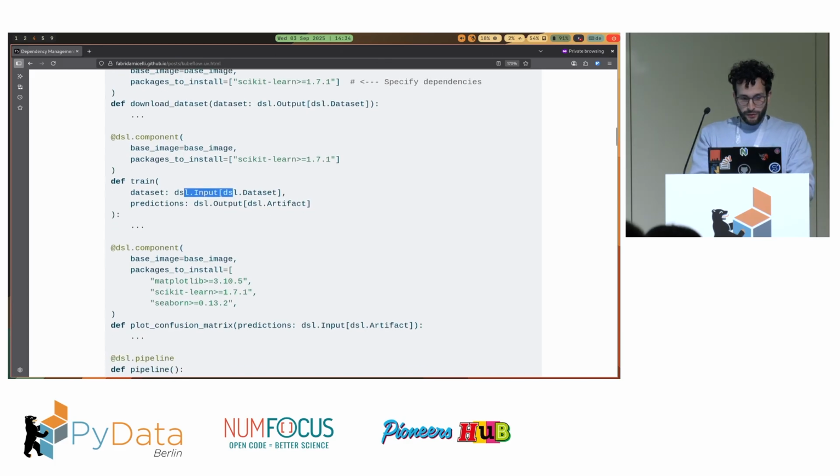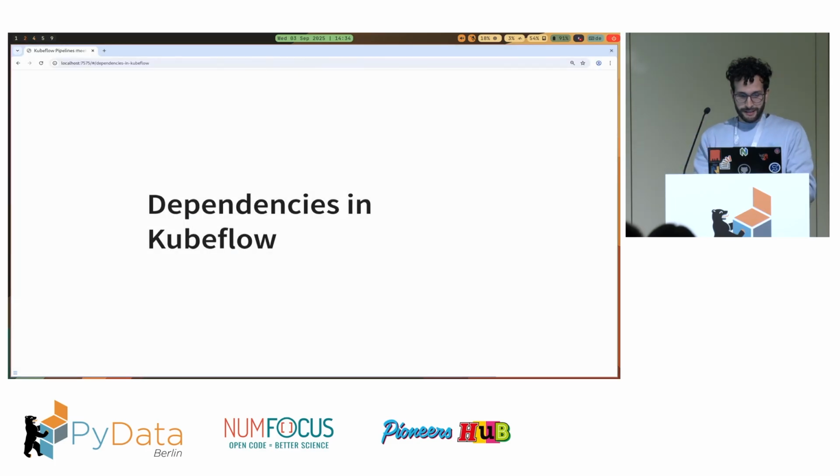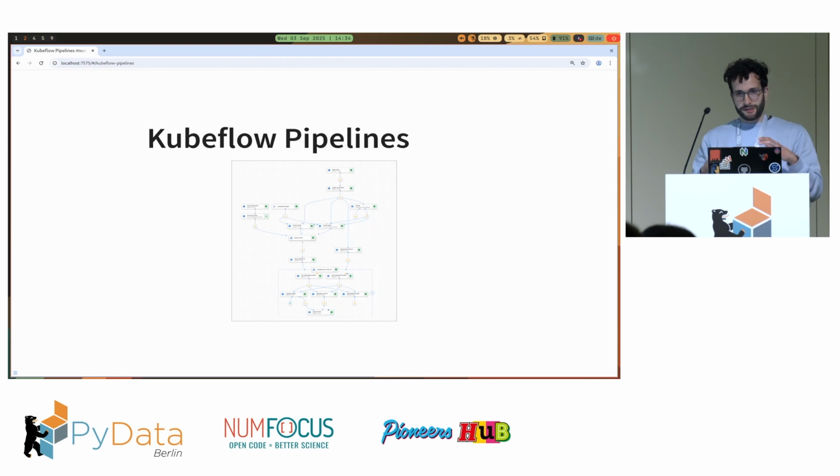So with that, the only thing we're missing is the dependencies. And the important thing here is that when we have a pipeline like this, one of the other nice things of this framework is that it is going to spin up a container behind the scenes for us for each of these steps. So each of these steps is a separate container, and it orchestrates the flow of artifacts between them.